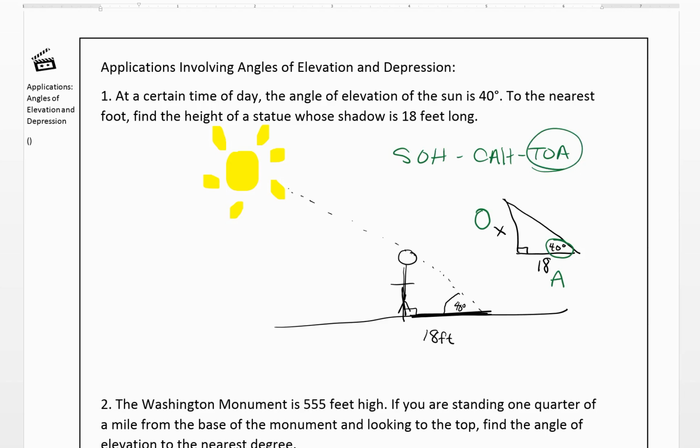So we can write that tangent of 40 degrees equals opposite x over adjacent 18. To solve for x, we multiply both sides by 18. So x equals 18 tangent of 40 degrees.